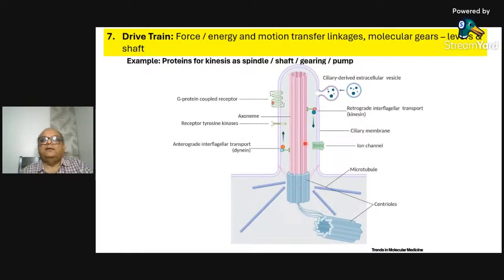And then these are the tubular columns, okay, which could act like a pump. And indeed, some arrows are shown as if they are conducting some things both ways. Okay, so they do carry out some kinesis of something as shaft, as spindle, as gear, as a pump.